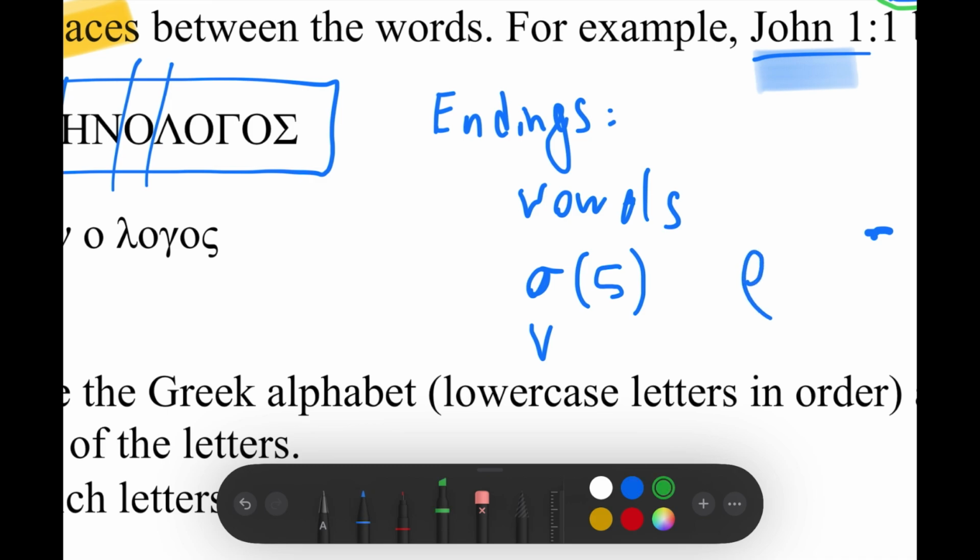So the fact that all Greek words end in these letters gives helpful clues when you're thinking through how to break down a word.